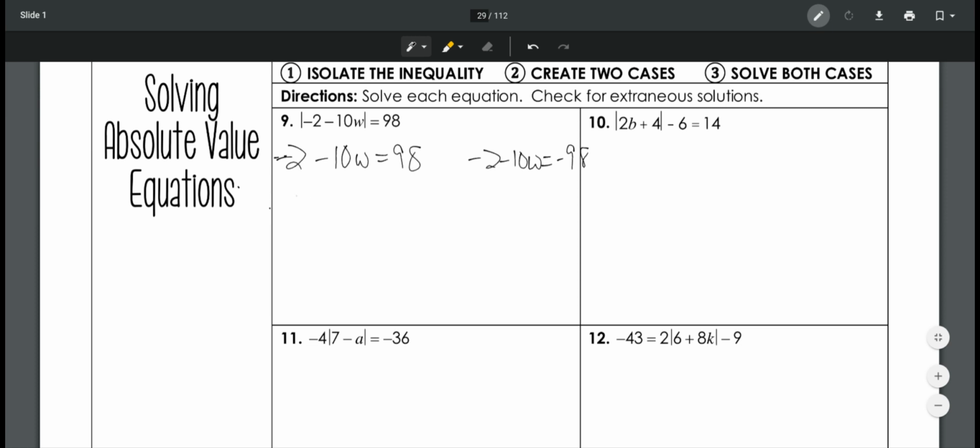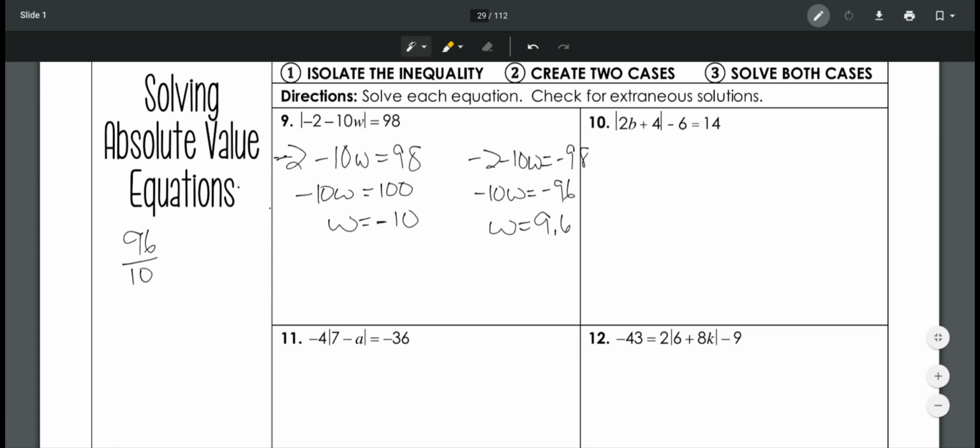So I'm going to add 2 to both sides. That gives me 100. When I divide, I get negative 10. Here, I'm going to add 2. That gives me negative 96. And when I divide by 10, I get exactly 9.6. Now, if you want to leave it as 96 over 10 reduced, you can leave it in fraction form.